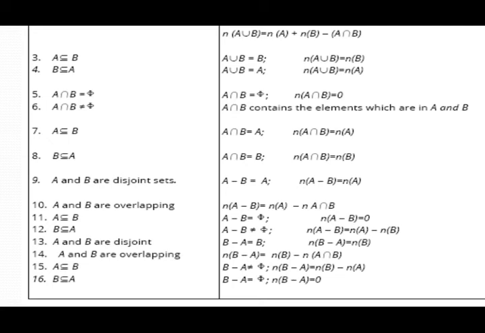A is a subset of B. B minus A. And then B is a subset of A, B minus A is empty.